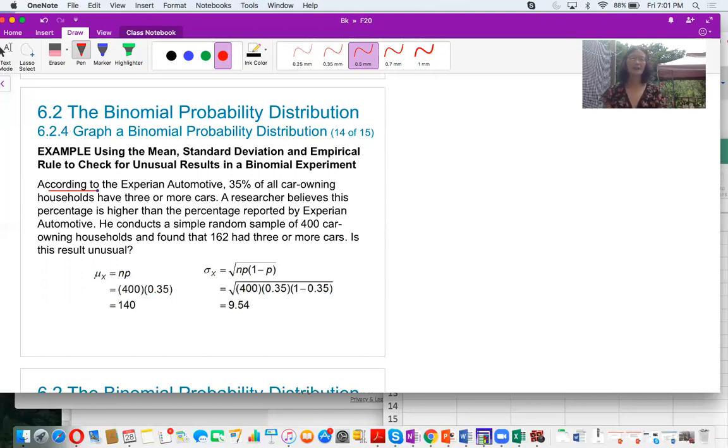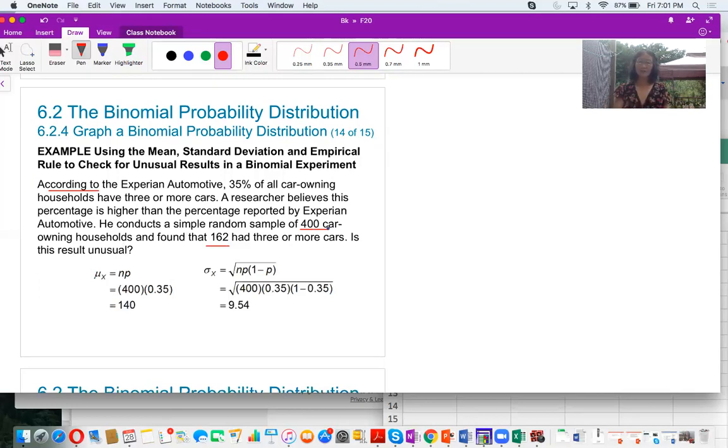He conducted a simple random sample of 400 car-owning households and found that 162 had 3 or more cars. Is this result unusual? That is the question.